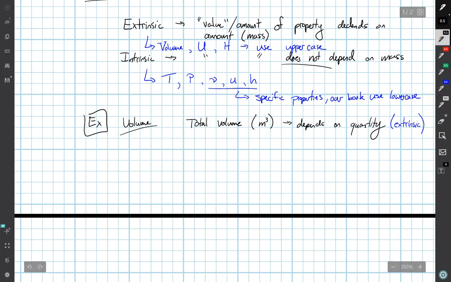Now the intrinsic corollary to that would be specific volume. This has units of meters cubed per kilogram. So you can think about it, this is independent of quantity.